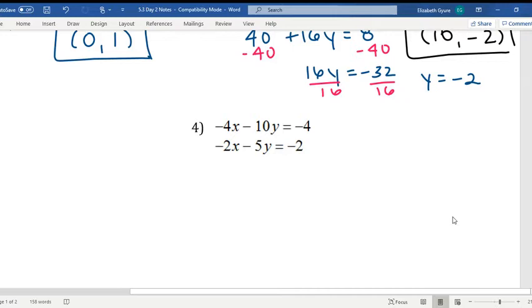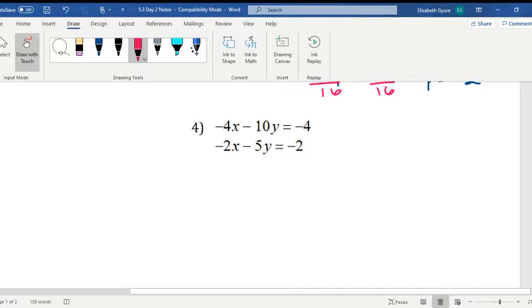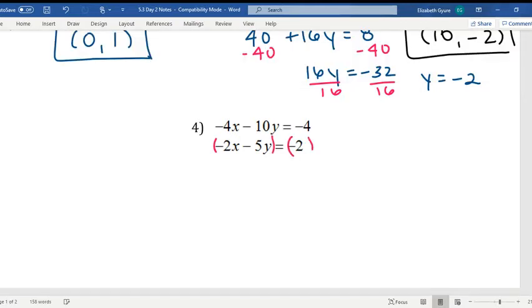Very good. A negative times a negative is a positive. So if I take negative 2 and I multiply it by another negative 2, won't that become a 4? And a negative 4 will cancel with a positive 4. Very good. So let's do that. We are going to multiply by a negative 2. So I'm going to multiply this entire bottom equation by negative 2.